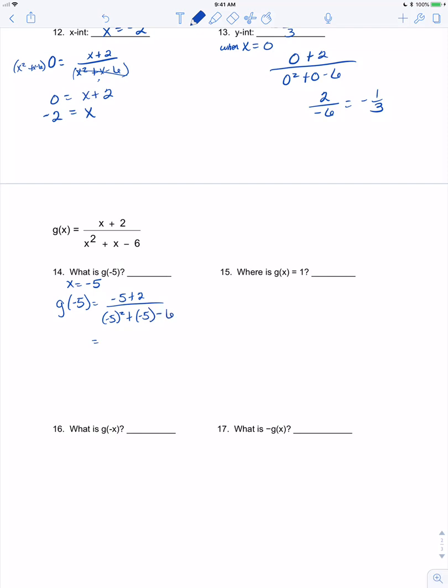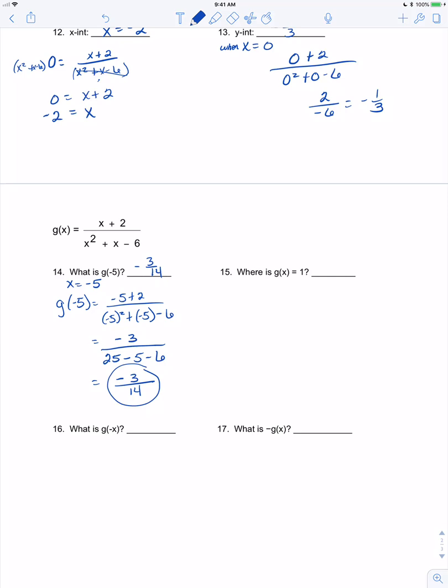Okay, well, -5 plus 2 is -3. So on the bottom we have -5 squared is 25 minus 5 minus 6. Well, that comes out to be -3 over 14. And that should be our final answer. -3/14.